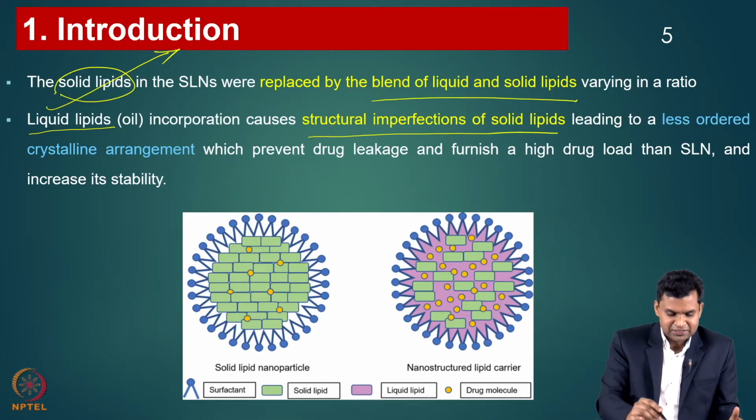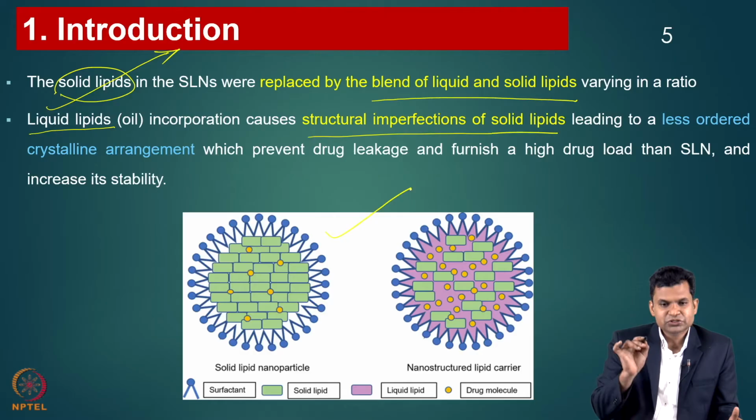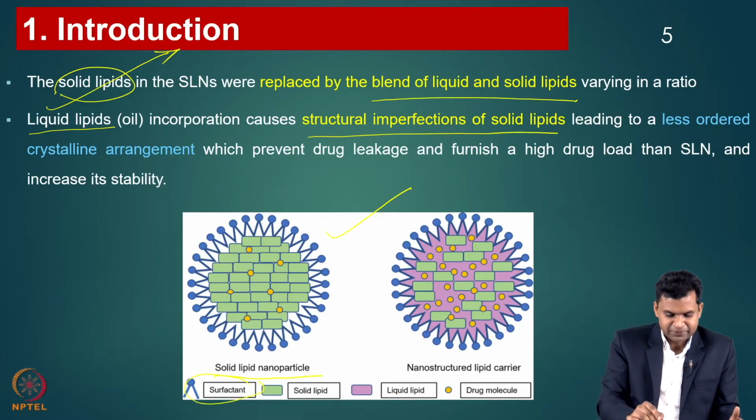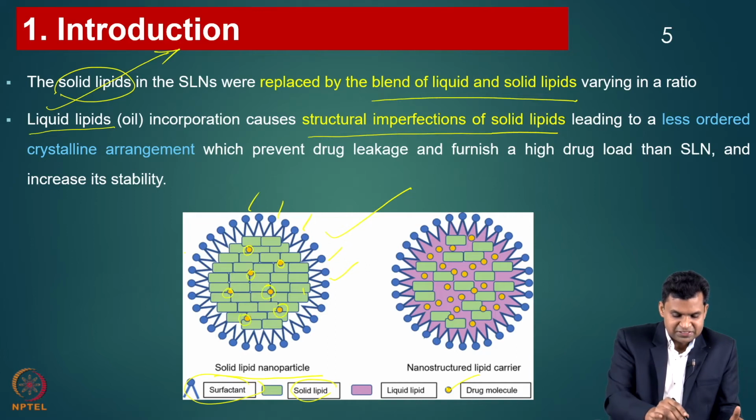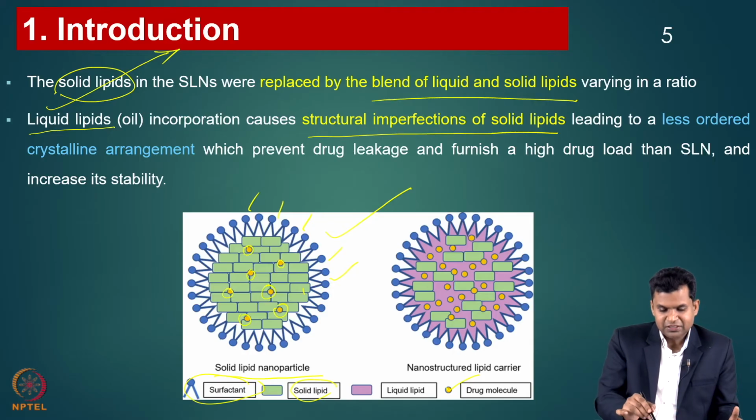Now you can see this side, it is a solid lipid nanoparticle. The surfactant is represented in blue, the solid lipid in green, and your drug molecule in light yellow. Right? You can see the arrangement of the solid lipid in a carrier.